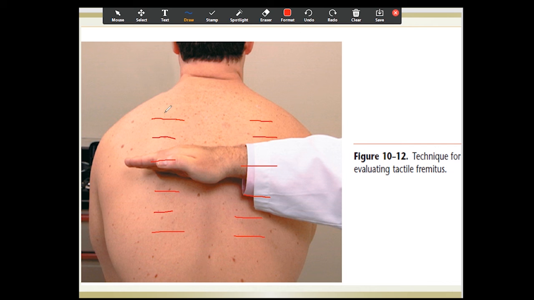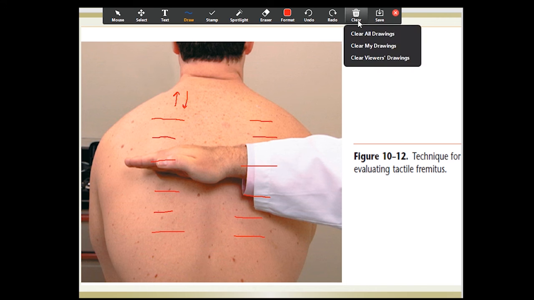If one side is stronger and the other weaker, it is abnormal. Sometimes increased is abnormal, sometimes decreased is abnormal. Then we need to combine with other examination ways.